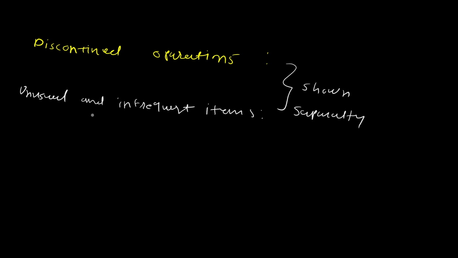Those events that are unusual in nature or infrequent in occurrence are shown separately, like impairment, write-offs, or you got a robbery. Includes in the income from continuing operations before taxes. You need to pay taxes on these losses or profits, whether you get loss or profit in these operations.